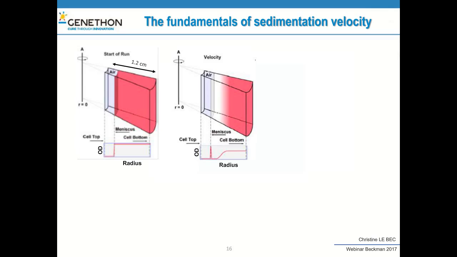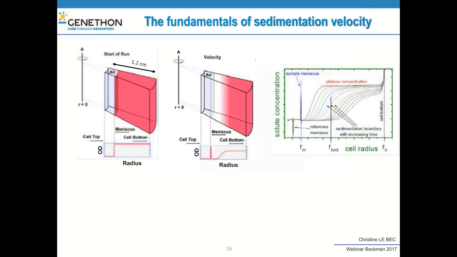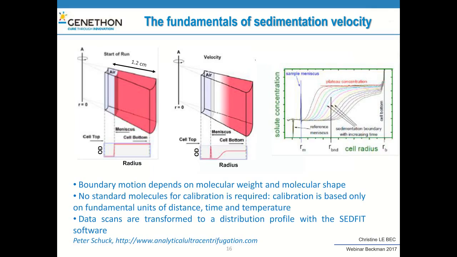This boundary gives you a difference in OD between the meniscus and the bottom, and you can follow it over time, either by OD or interference. The boundary motion depends only on the molecular weight and molecular shape of your product. You don't need any standard molecule for calibration; the calibration is only based on distance, time, and temperature.